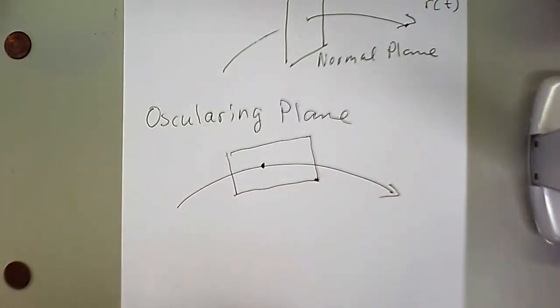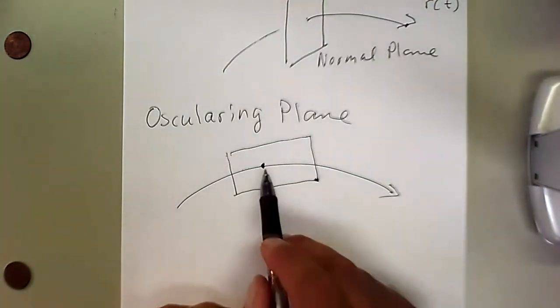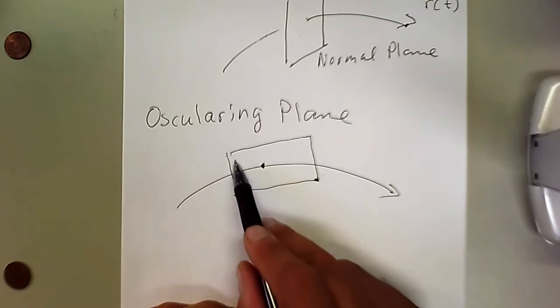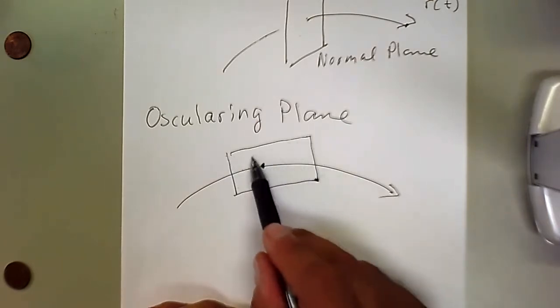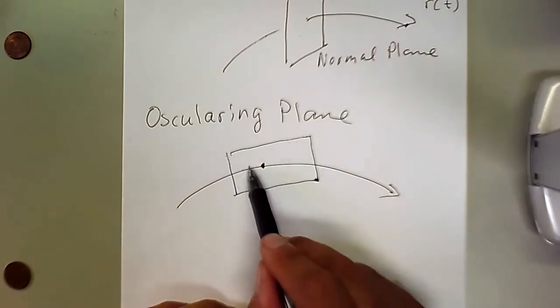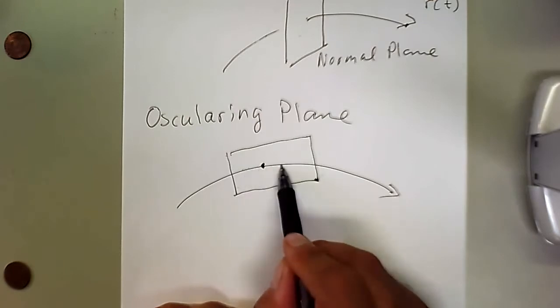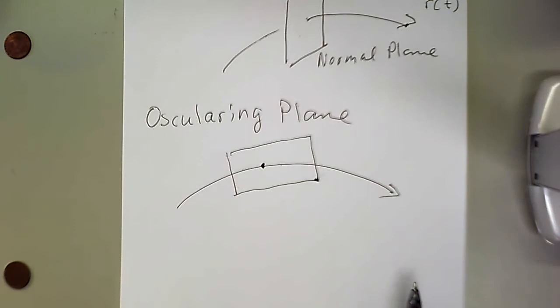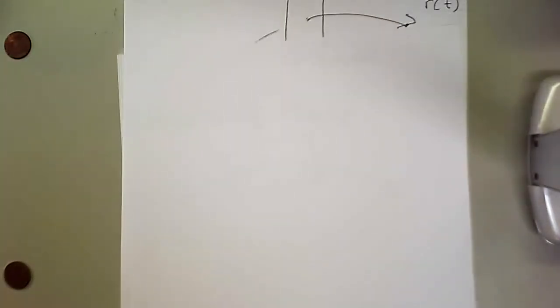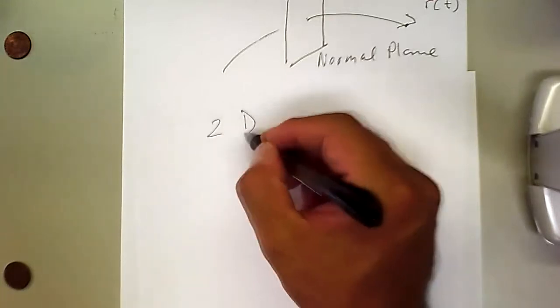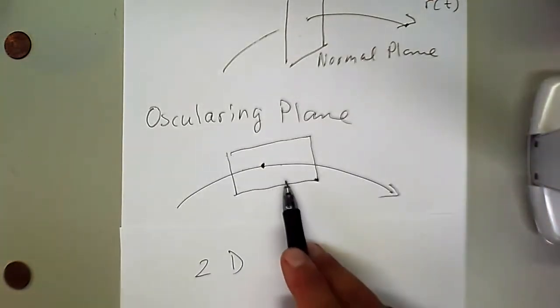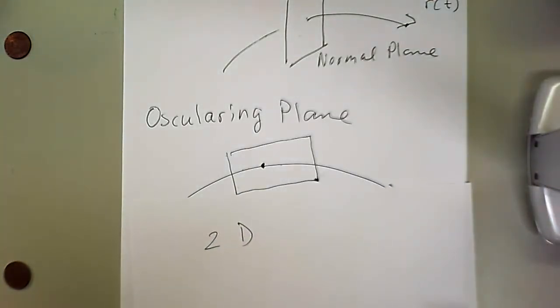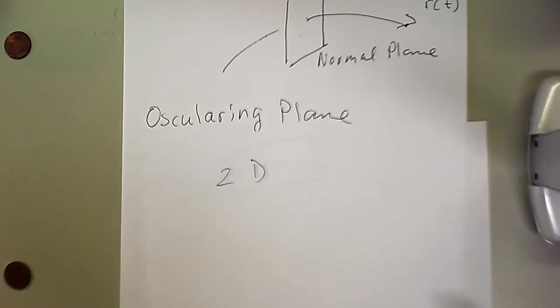You can find the plane at which, at this point, the curve seems to belong as much as possible. Something similar happens to a tangent line. In 2D, the osculating plane is similar to the tangent line.